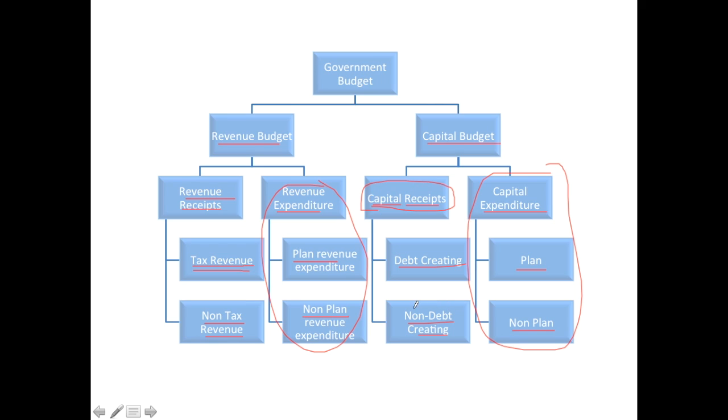So the money that you raise is non-debt creating because you don't have to pay it back to anyone. Now, debt creating would be loans that you raise from the market or from international markets or from other countries. So this is how you divide the entire government budget. In the next class, we'll be breaking down these different terms and these different concepts and understand each one by one.